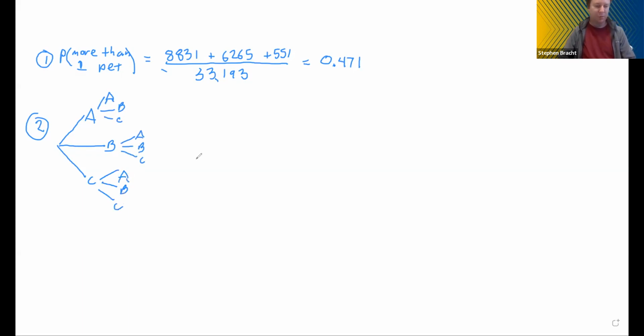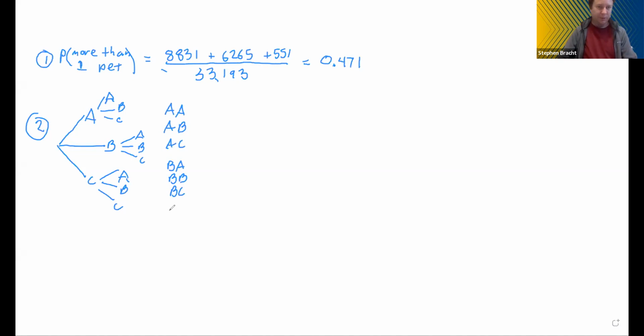So if I trace through all my branches and write them down, I would get the sample space. So if A is chosen first, then I could choose A second, or B second, or C second. If B is chosen first, then I could choose A second, or B second, or C second.